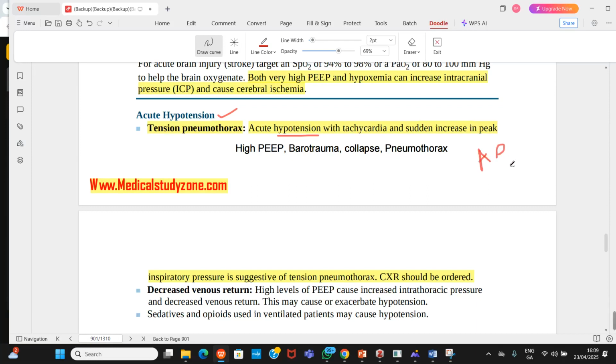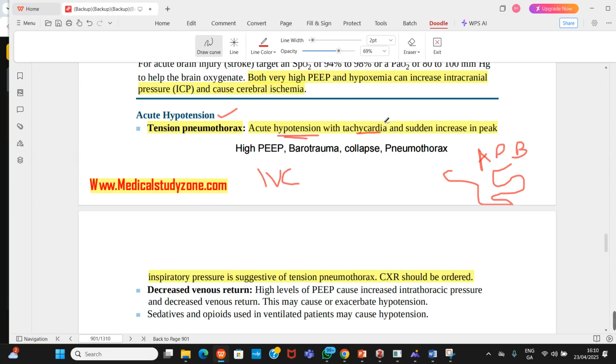If we see somebody on mechanical ventilation and they're having acute hypotension, what do you want to think of? Tension pneumothorax. Suddenly, he just became hypotensive and they're on mechanical ventilation. What happened? Something has busted. Maybe the person had atelectrauma, biotrauma, volutrauma, or barotrauma that has ruptured the alveoli, and air is now seeping into the pleural space, causing a pneumothorax.